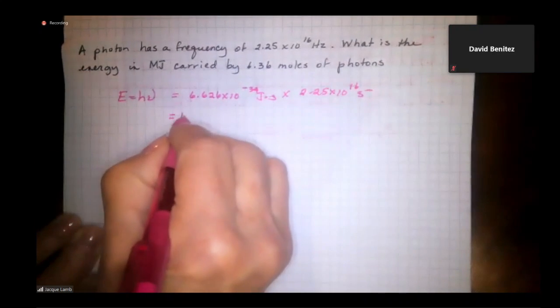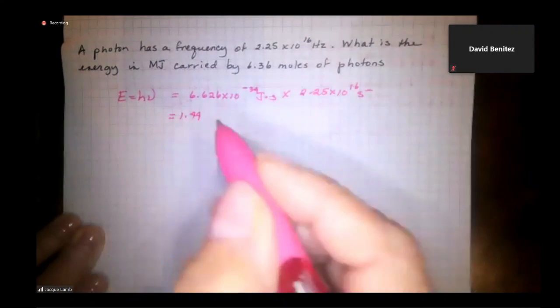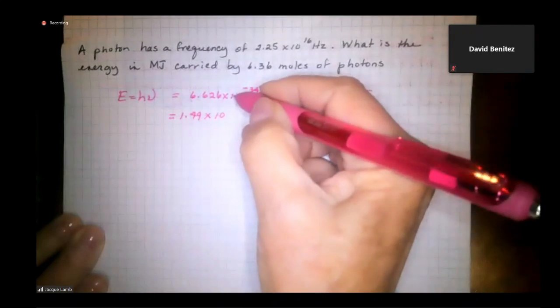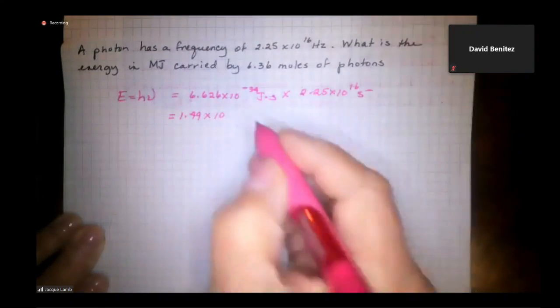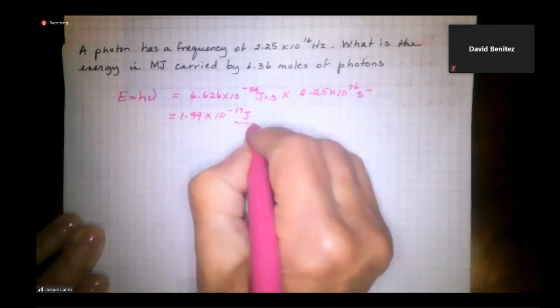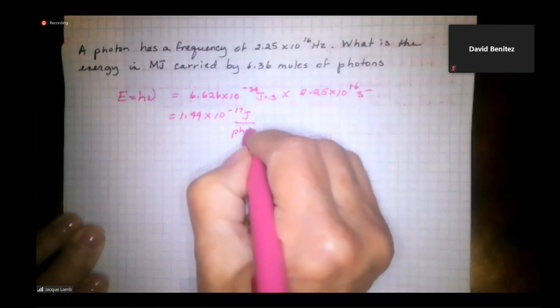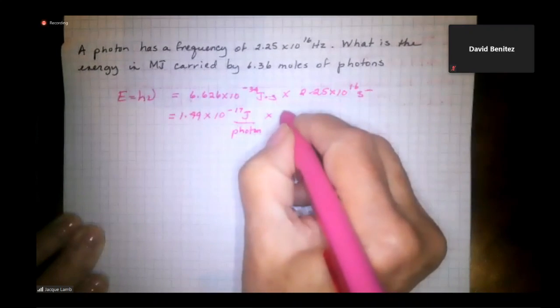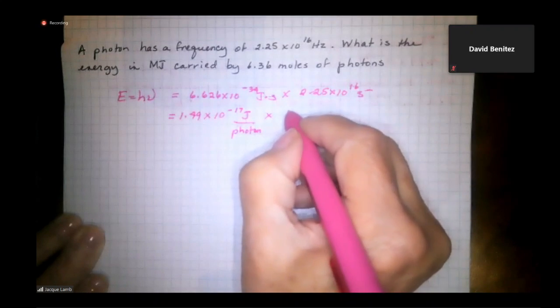That equals 1.49 times 10 to the minus 17th joules. But that is joules per photon. So I have to multiply this by Avogadro's number. This was the step that many of you missed.